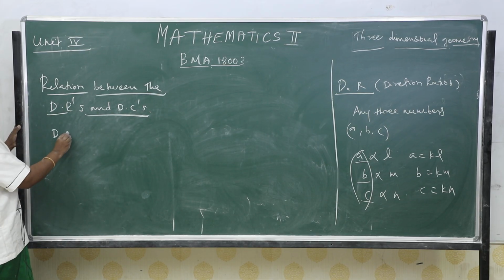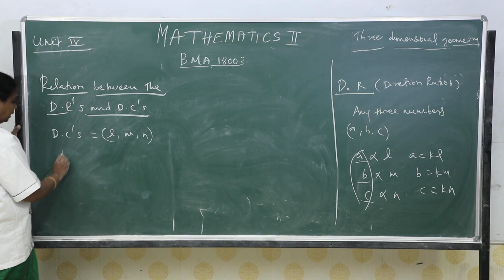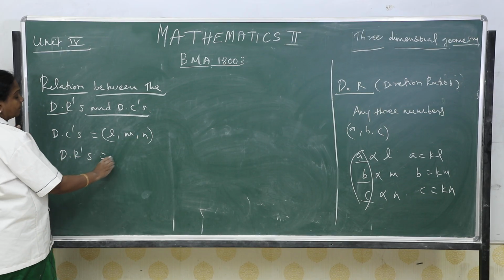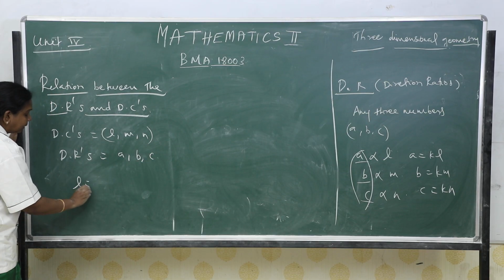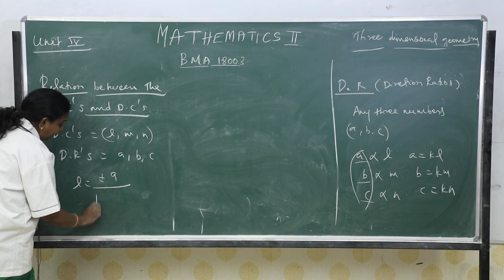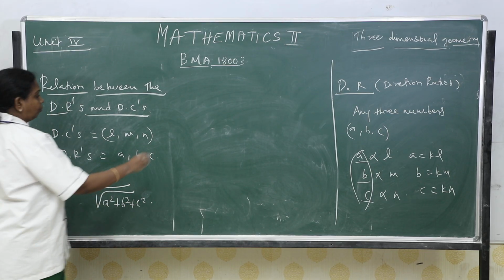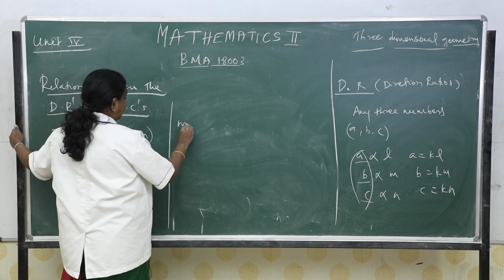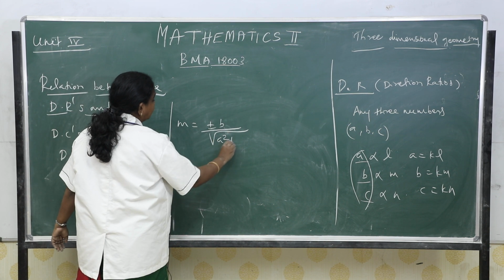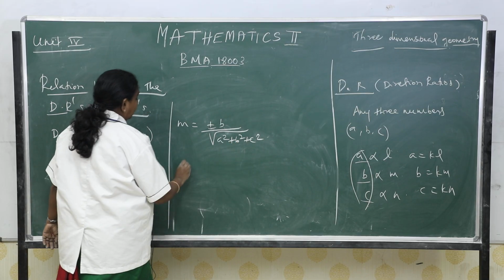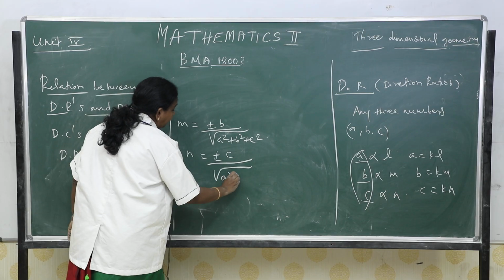I'll take the DCs as L, M, N and the DRs as A, B, C. This L can be written as plus or minus A by square root of A square plus B square plus C square. Similarly, M is equal to plus or minus B by square root of A square plus B square plus C square. N is equal to plus or minus C by square root of A square plus B square plus C square.